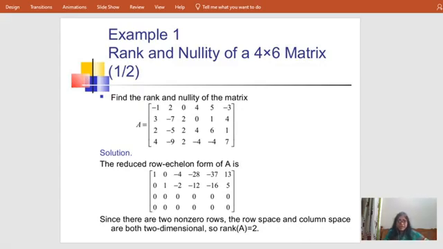Echelon form: using the first row, first column element, we will make all the elements below it in the first column 0. Next, we will consider the second row, second column element, and using that, all the elements below and above are made 0.